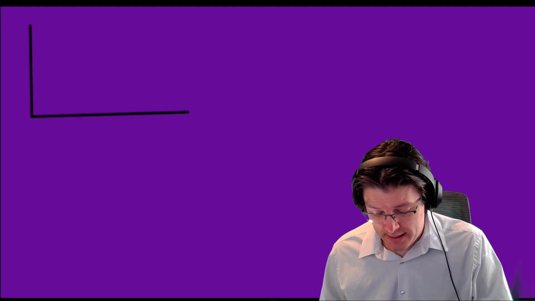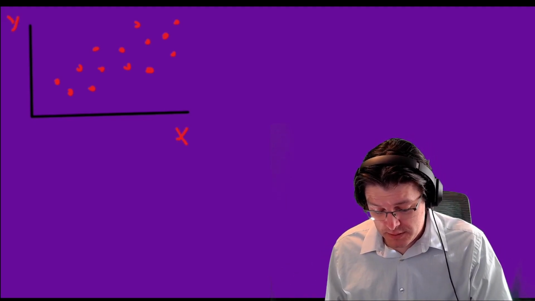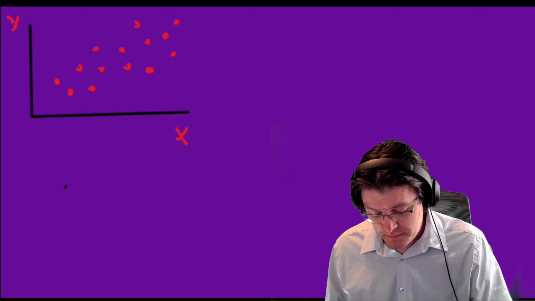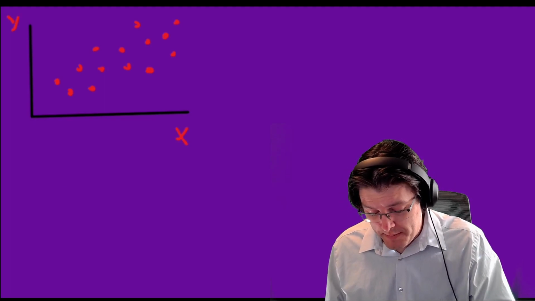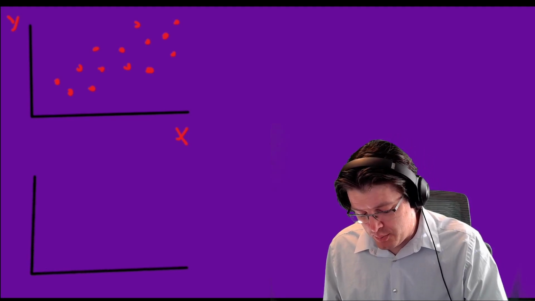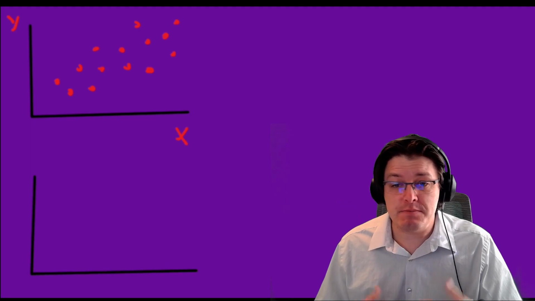If we had data, let me just plot some data out, just kind of randomly out here. What we talked about in the scatter plot is that sometimes we can describe that these two variables tend to either move together or move opposite. So for instance, we might say that the red data points up above tend to move together.